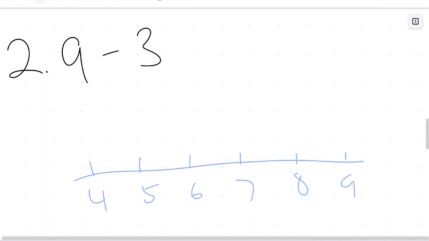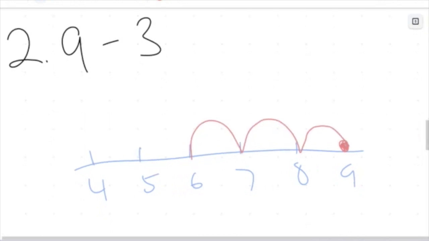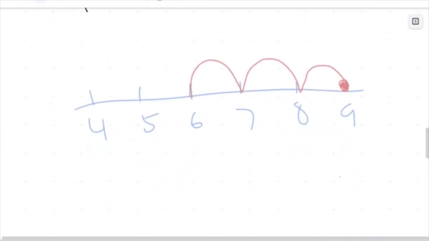And it doesn't matter where we start on our number line. This is just to show all of the positive integers, all the positive numbers here. So anytime we subtract, I'm starting at 9 and I want to find out what's 3 less than that. So I'm going to go 1, 2, 3 spots to the left, because the answer I get, I'm going to expect a number smaller than 9. We talked before that when I go in my left direction, that's when I'm subtracting along the number line.